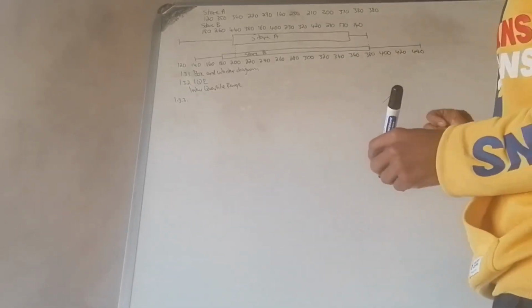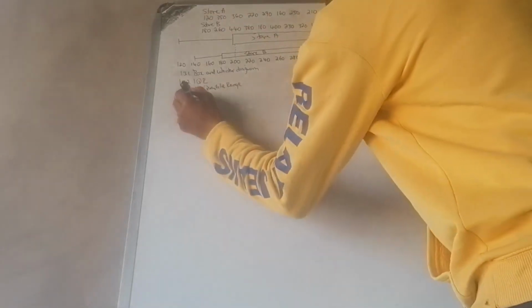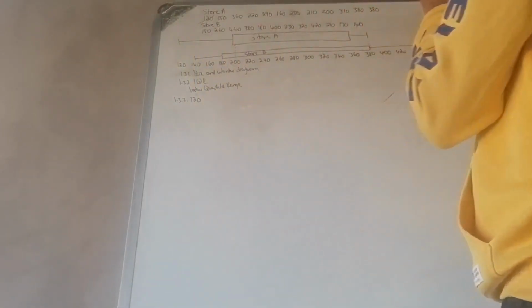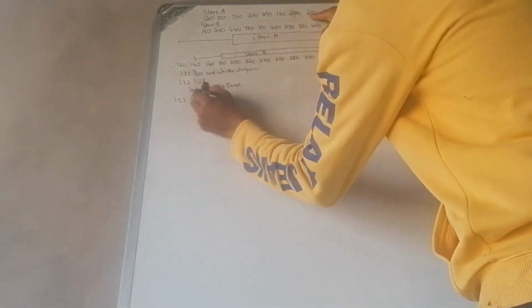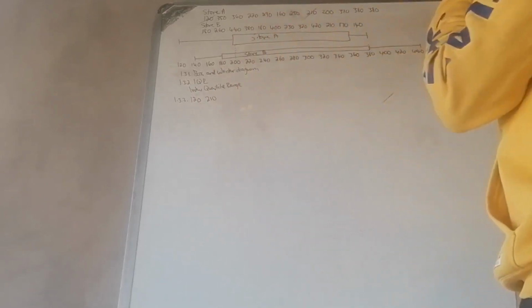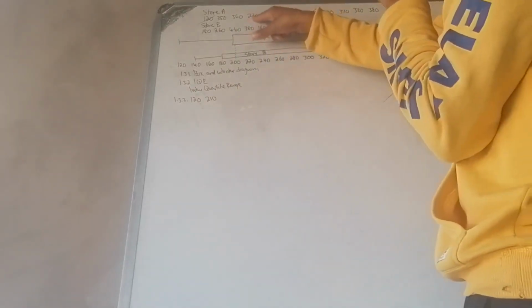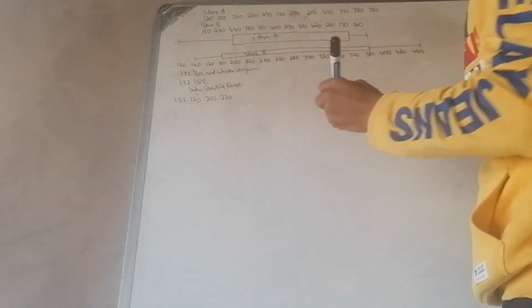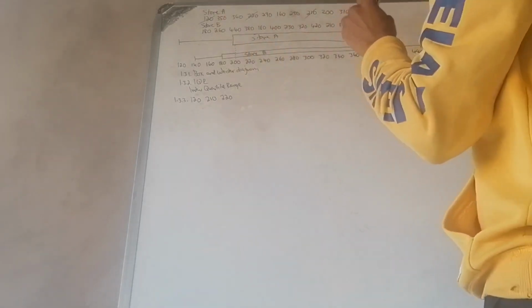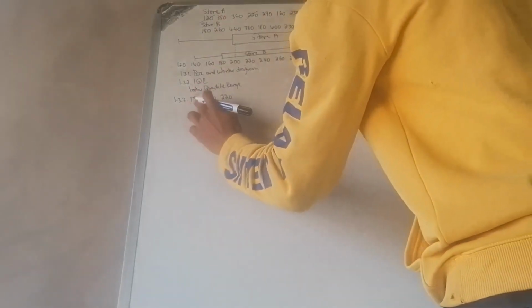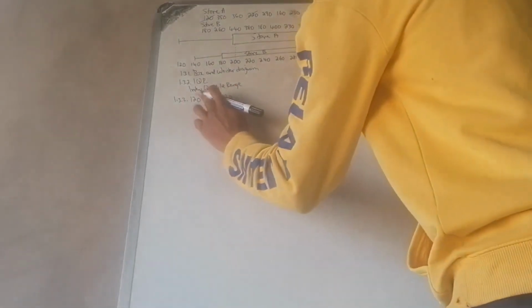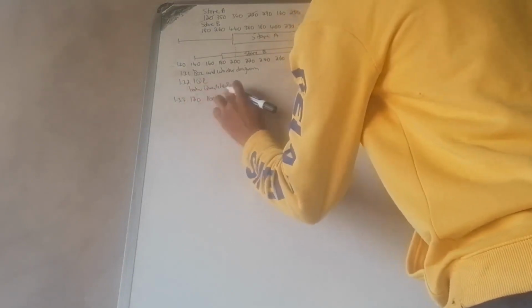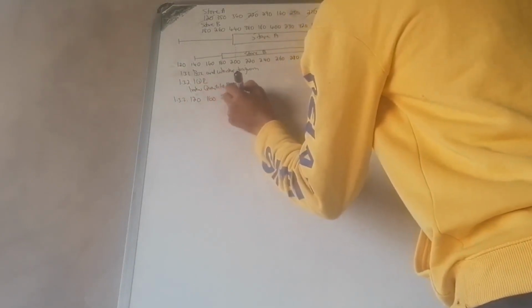So store A, the minimum number is 120. The second minimum is 160, then we have 210, 220.